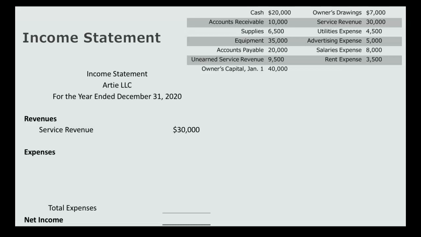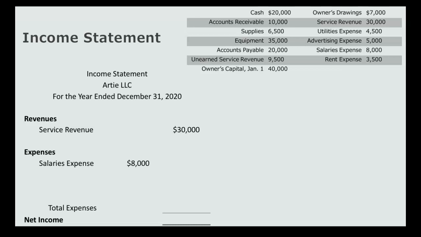Now we have our expenses. So under service revenue, up in the upper right-hand corner, we have 4 different expense accounts. We have utilities, advertising, salaries, and rent. There's a certain way to list out these expense accounts. We're going to want to list them from greatest to least.